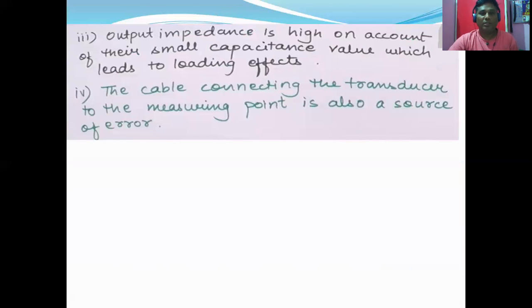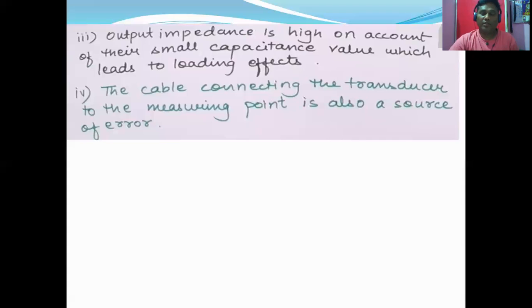The third one is that the output impedance is high on account of their small capacitance value, which leads to the loading effect. Suppose when the capacitance is a high value, the loading effect is high.